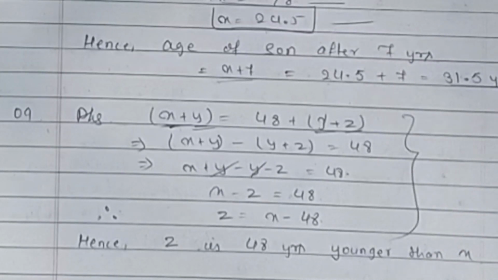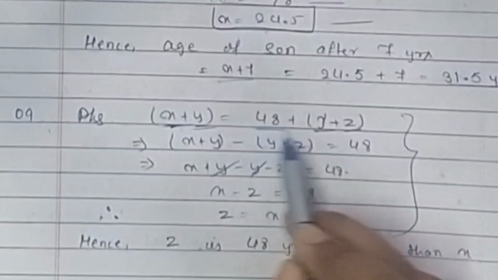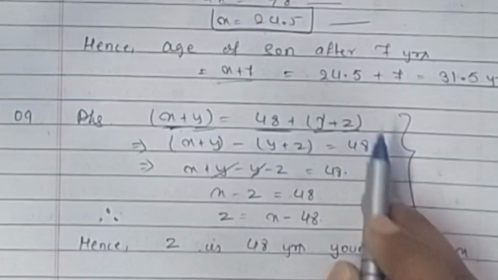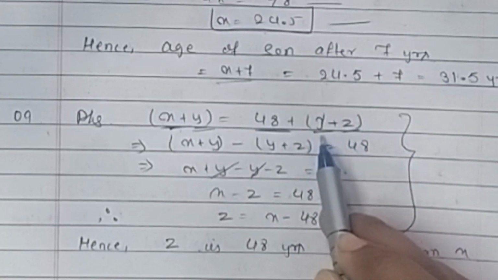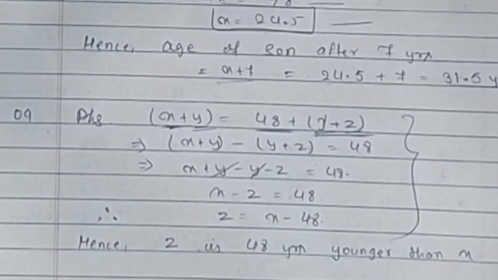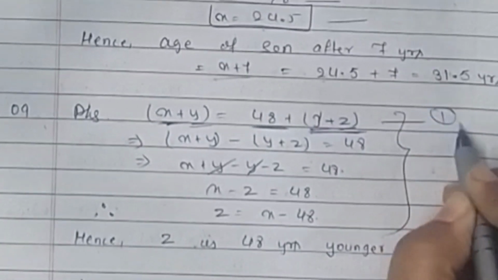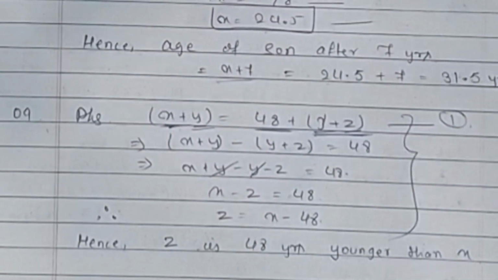Okay, so basically the question is saying that the total of x and y is 48 more than the total of y and z. So, by just following this statement, we have made this equation and now we will solve it.